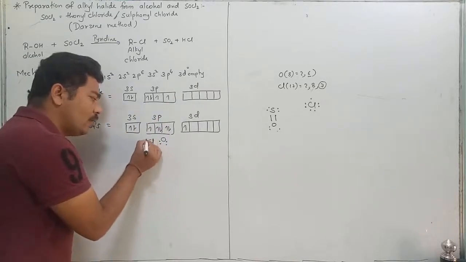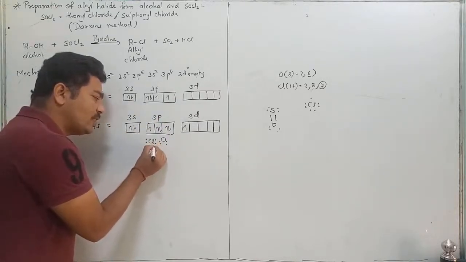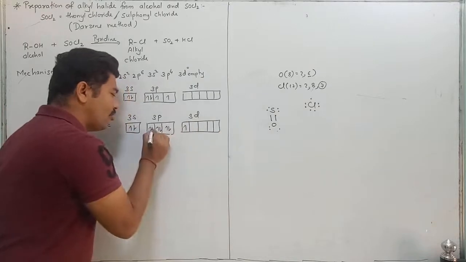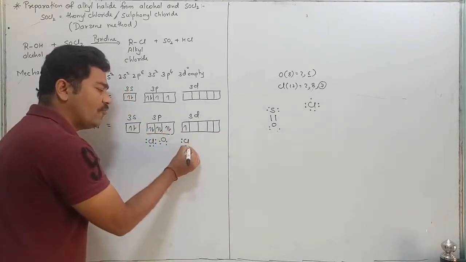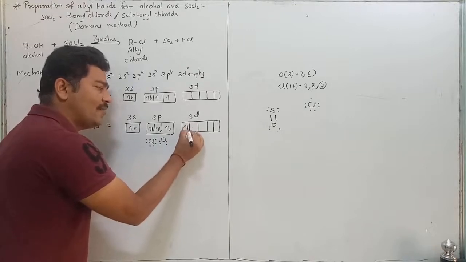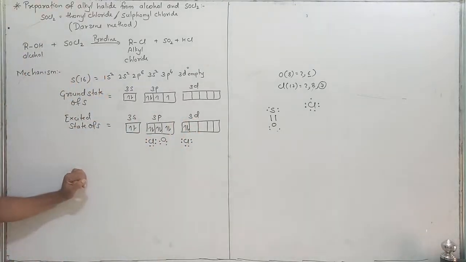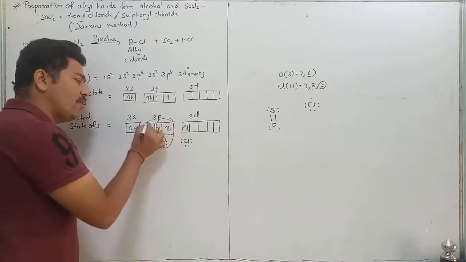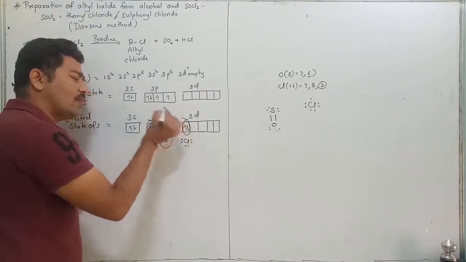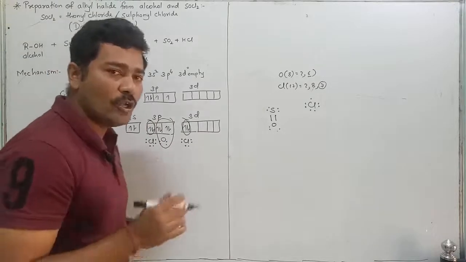Chlorine's 7th electron is bonded over here, and again a 7th electron is bonded over here. That means these 2 bonds are of oxygen and one of chlorine, and the second one is of again chlorine, giving SOCl2.